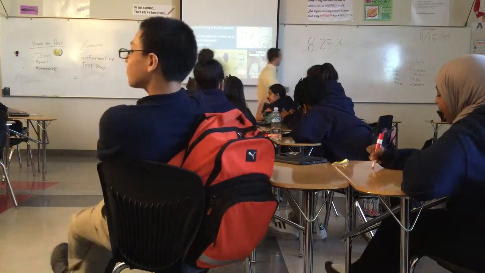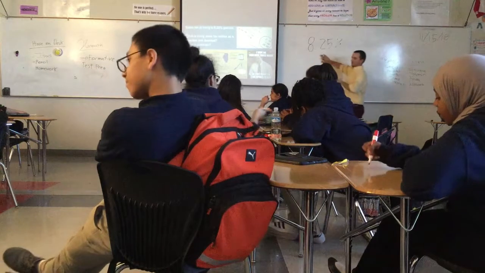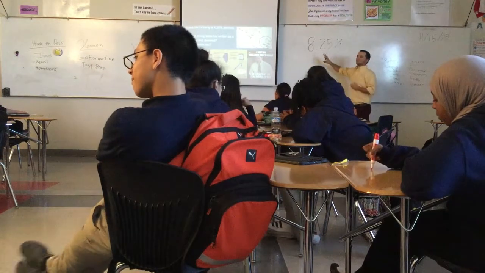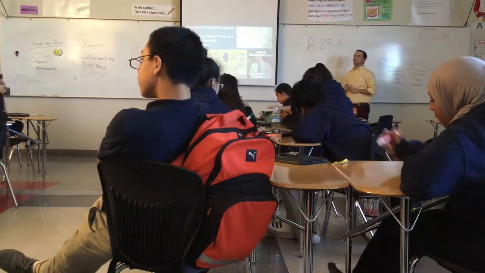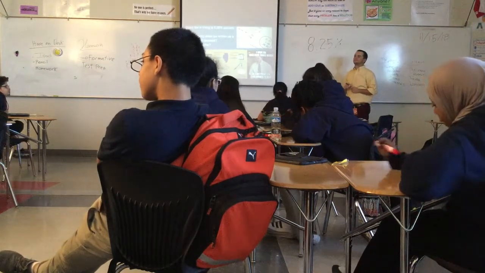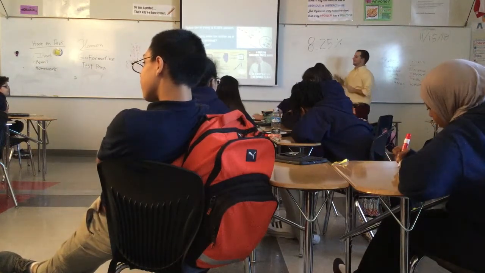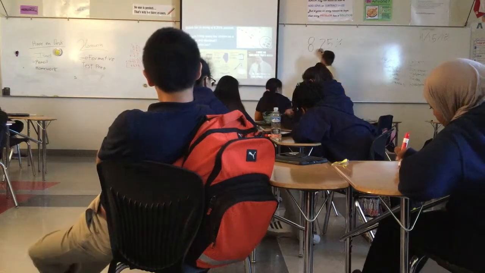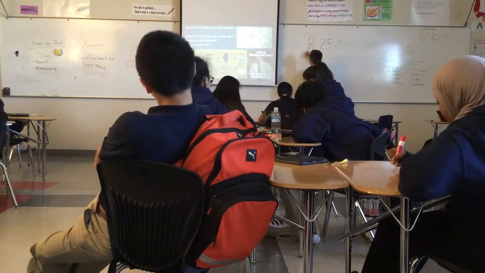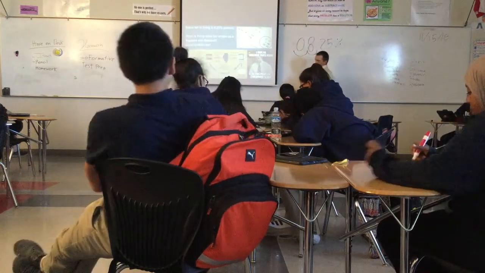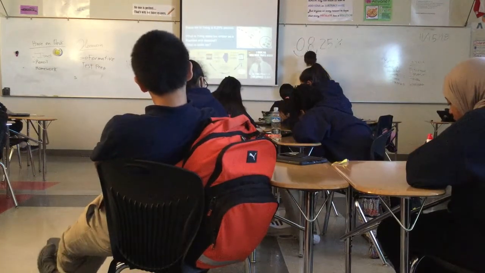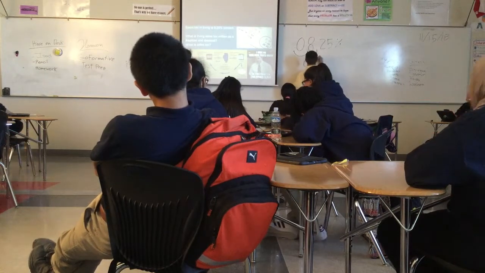Okay, so Agnes, when we're doing percents to decimals, we're dividing by 100. We divide by 100, so when we divide, we move to the left. So we're going to move it 1, 2 places. Now we have to fill that space with 0. So our decimal value is going to be 0.825.